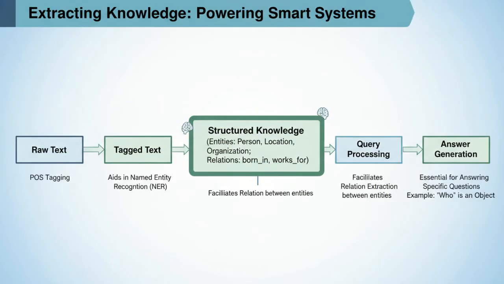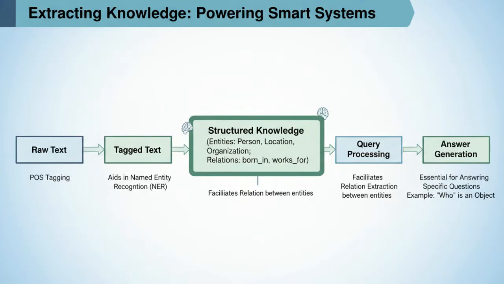For systems designed to extract specific information or answer questions, POS tagging is an unsung hero. In information extraction, POS tags help identify and categorize entities, like knowing that apple is a proper noun, referring to a company, not a fruit. This is critical for named entity recognition, NER.